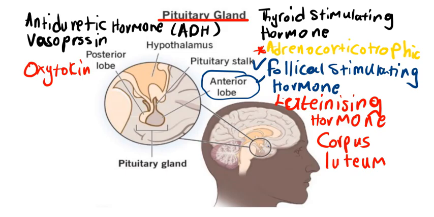And then we also have prolactin. Prolactin's main function as well is to stimulate the milk production by the mammary glands in the breasts. So that's what you have to know under the pituitary gland.